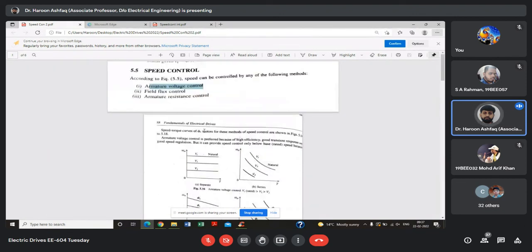That means कैसे आर्मेचर वोल्टेज कंट्रोल किया जाता है, कैसे फील्ड फ्लक्स कंट्रोल किया जाता है, और कैसे आर्मेचर रेजिस्टेंस इंसर्ट करी जाती है। ठीक है, so it's all for today.